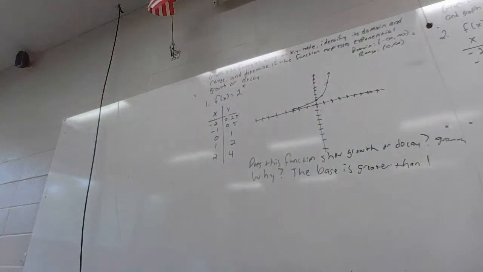When does it show decay? You got to be more specific than that. Between 0 and 1. You can't just say less than 1, because remember, the base of an exponential function cannot be negative, it cannot be 0, and it cannot be 1. So if you want to show exponential decay, then the base of your exponential function has to be between 0 and 1. Okay?